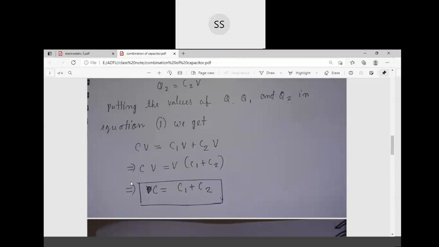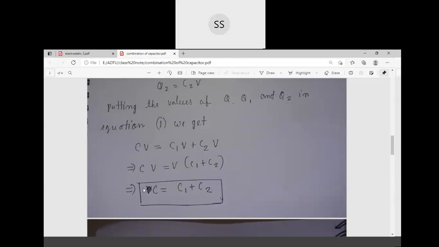plus C2. So when the capacitors are in parallel combination, the equivalent or total capacitance of the electric circuit is equal to the sum of individual capacitances.